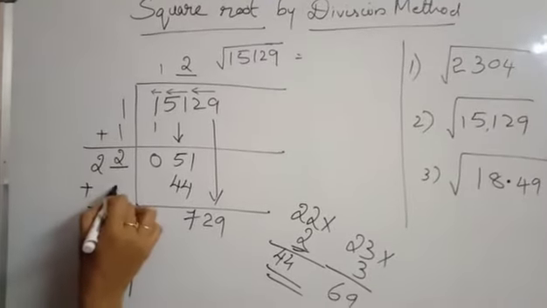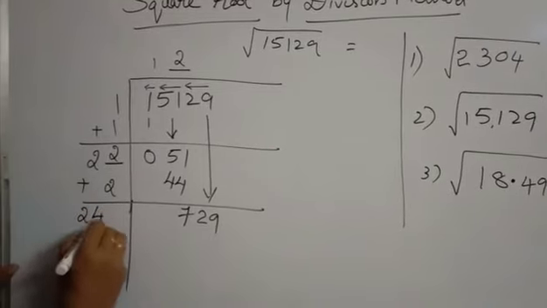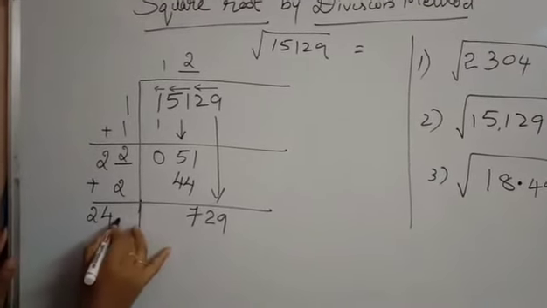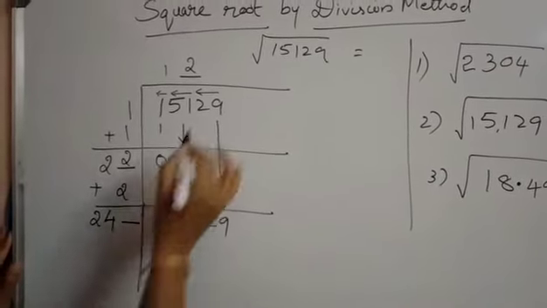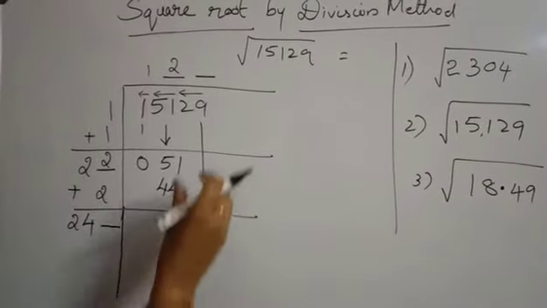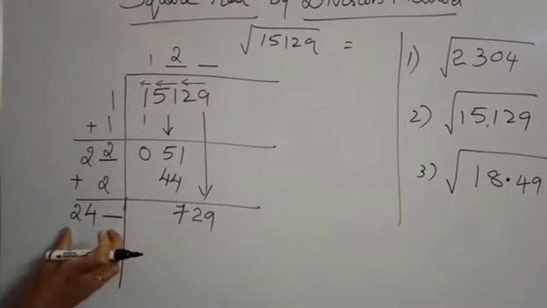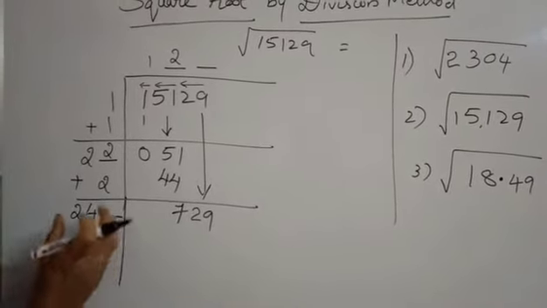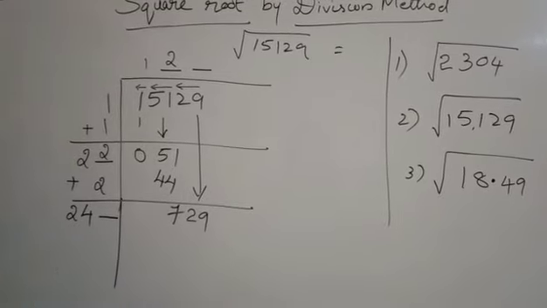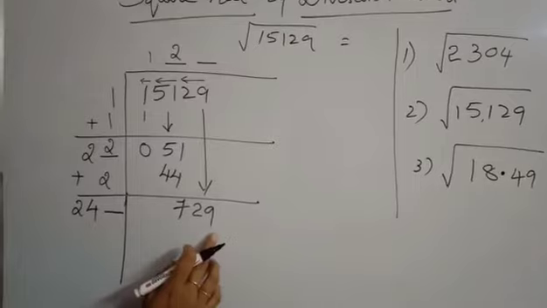You get 7. Now you need to bring down the next group, that is 29. Add 2 here. So you'll be getting 24 here. Now again the same way you need to leave a gap here and here also and find a number such that the product of this particular number and this 24 should be 729.